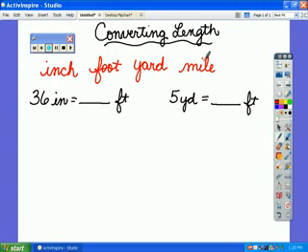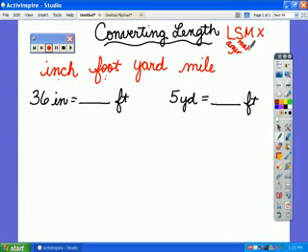The final thing you need to know are your formulas for converting. The first thing is if you're going from a larger unit to a smaller unit, what do we say? That's right. So we're going larger to smaller.